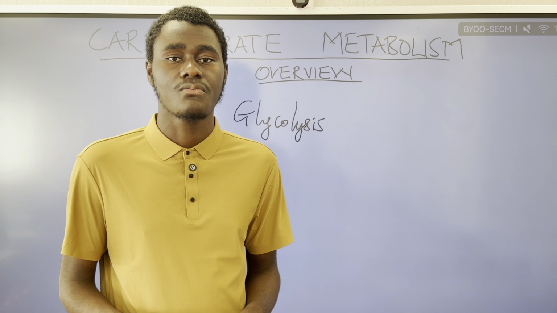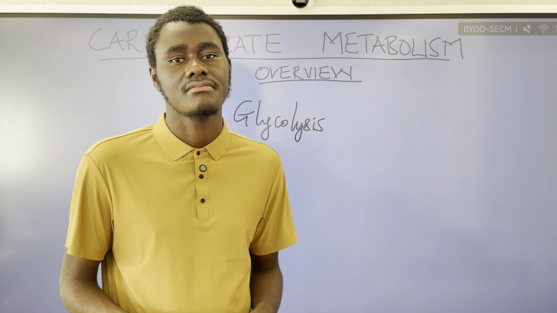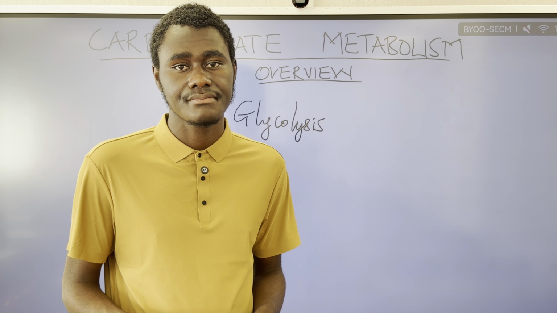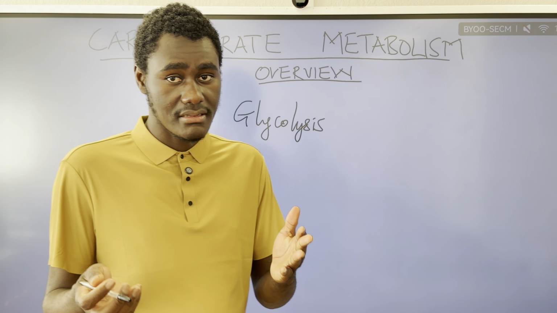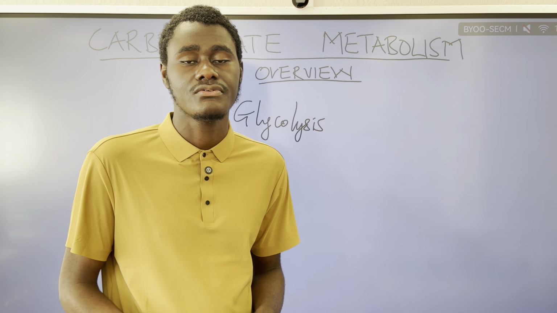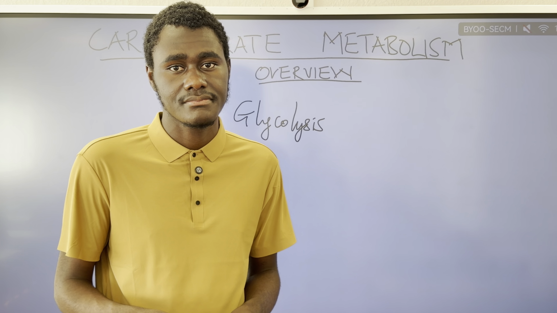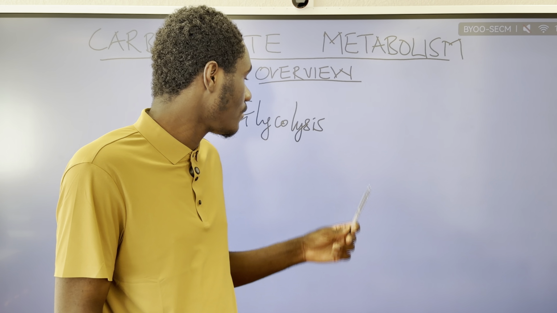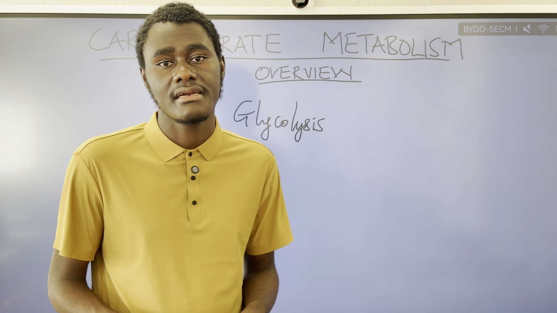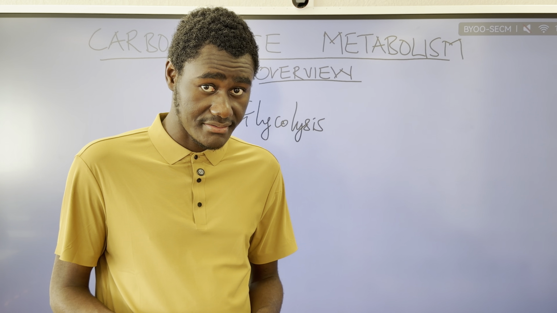There are also other monomers of carbohydrates, such as fructose, galactose, mannose, etc. So it means that we are going to break down glucose, for example, into subsequent products. And the aim of glycolysis is to form two 3-carbon compounds known as pyruvate.